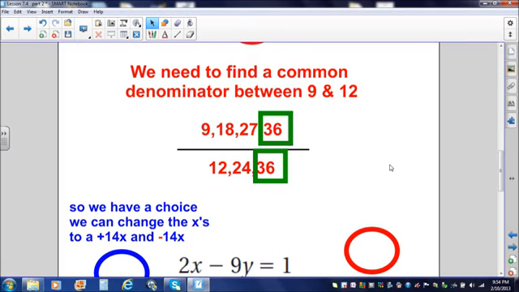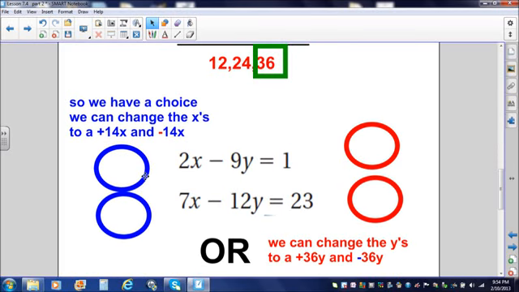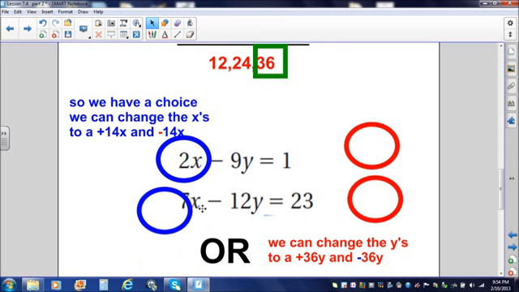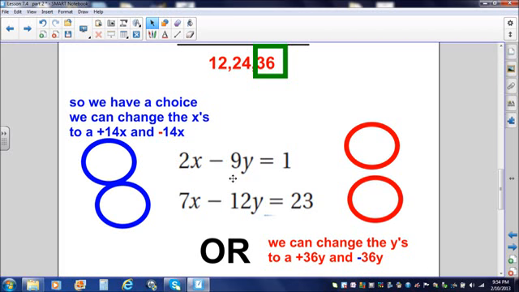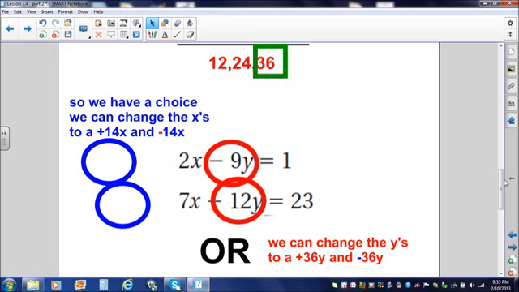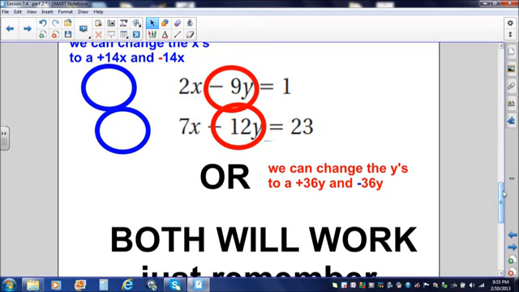So we have a choice. We can change the x's to a positive 14x and a negative 14x, or your other choice is you can change the y's so that one is positive 36y and the other is negative 36y.